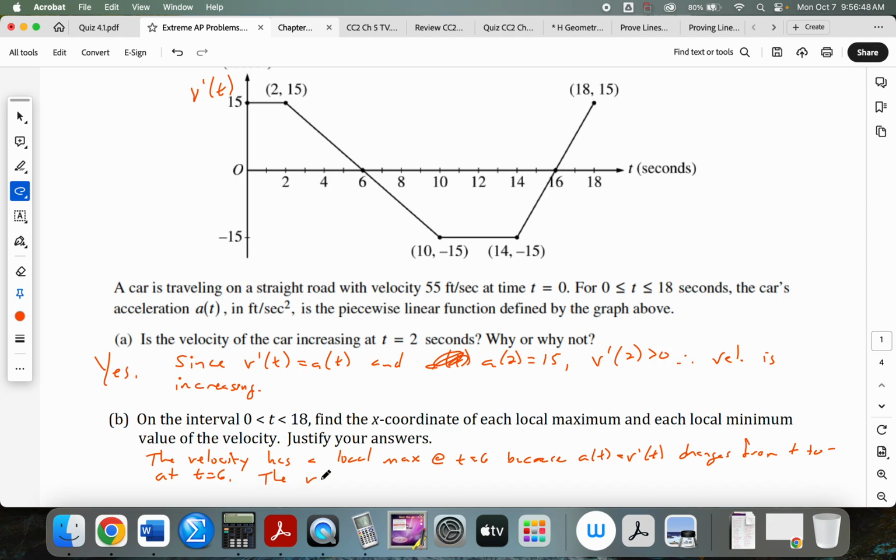And then the velocity has a what at 16? Yeah, a local minimum, because a of t, which is v prime of t, changes from negative to positive at t equals 16.